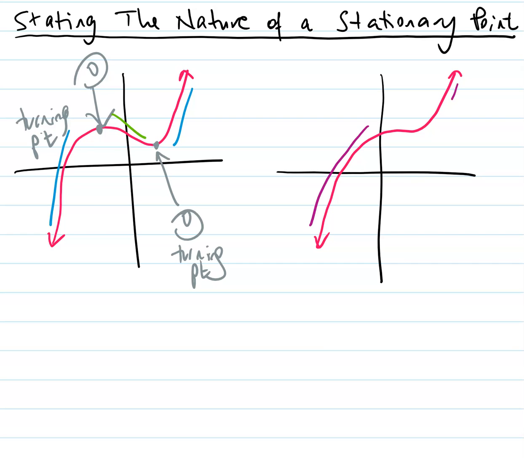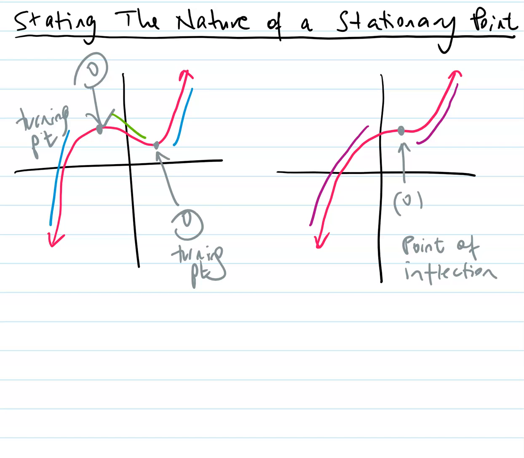We also have a positive gradient here, and between the two there's a very brief moment where there's a gradient of zero again. So that's our stationary point. Only this type of stationary point is called a point of inflection. And that's because it sits between two gradients that are the same as each other. The curve does not actually turn.